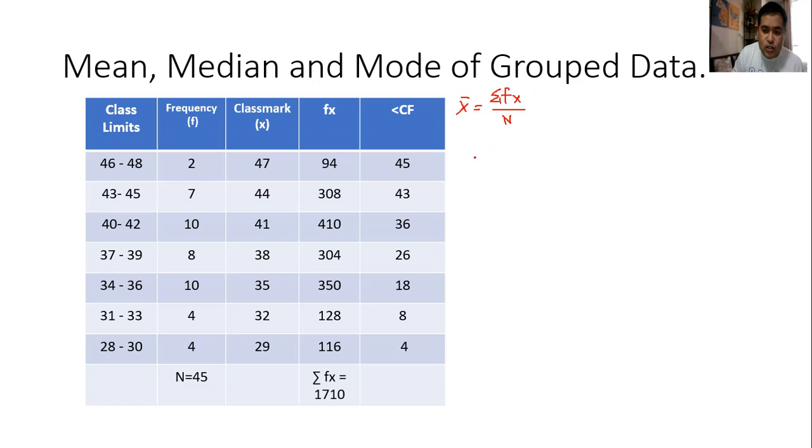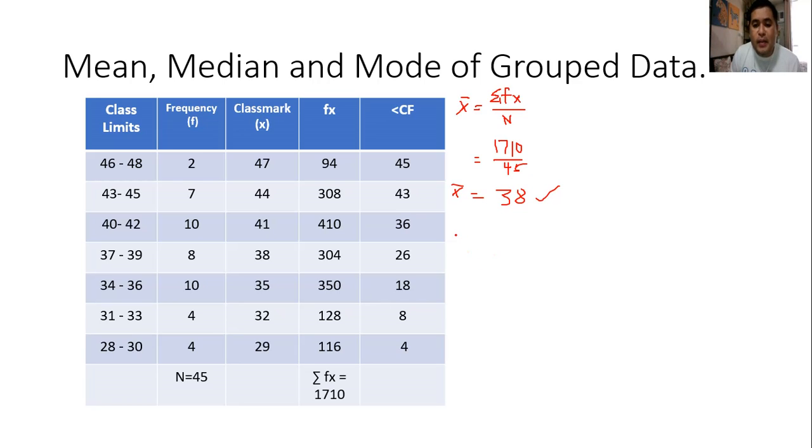We know already the summation of your fx is 1,710. So we have 1,710 divided by 45, because 45 is the total number of frequency. If you divide 1,710 by 45, that is equal to 38. So you have now your mean.